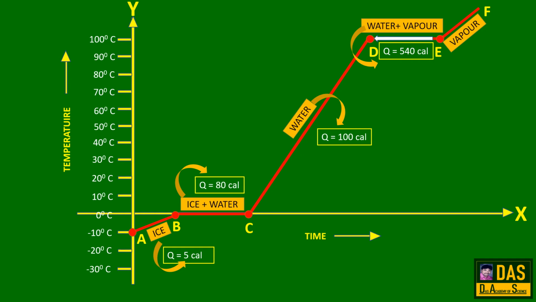But when we come from E to D, D to C, C to B, and finally B to A, then heat is released. Why? Because the gaseous state is converting into liquid state and the liquid state is converting into solid state. So in this process, heat is released. So whenever melting and boiling occur, heat is absorbed by the matter, and whenever condensation and freezing occur, heat energy is released.